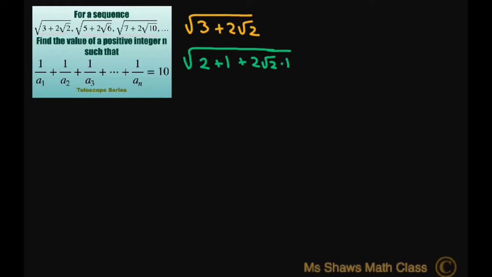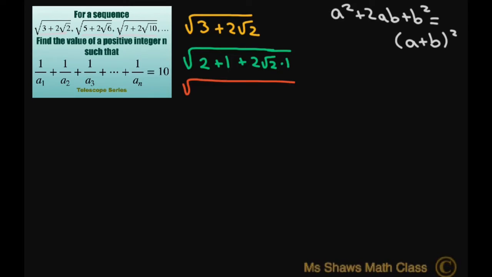Now I'm using the fact that a squared plus 2ab plus b squared equals a plus b squared. So I'm going to rearrange everything and get 2 plus 2 square root of 2 times, I can write this as square root of 1 plus 1. That means this part right here is your 2ab.